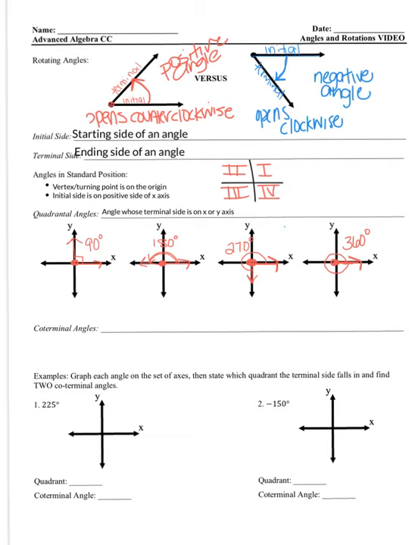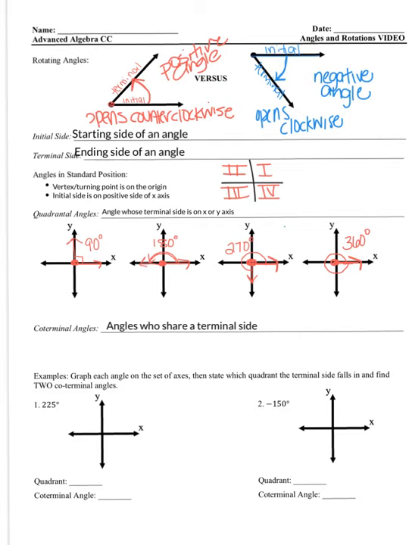Okay? Next definition, last definition for today. Coterminal angles. Coterminal angles are angles who share a terminal side.